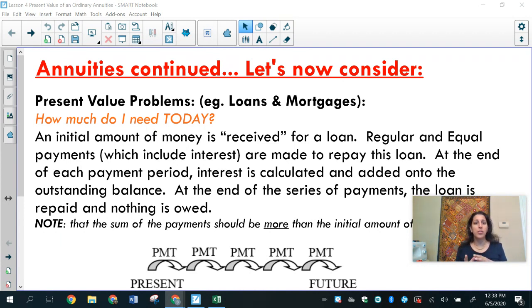So we've already talked about annuities. Those are payments that are made at equal intervals of time, equal amounts over equal intervals of time. What we've talked about already was future value problems. Those are where you put money in equal installments and you get money back at the end.